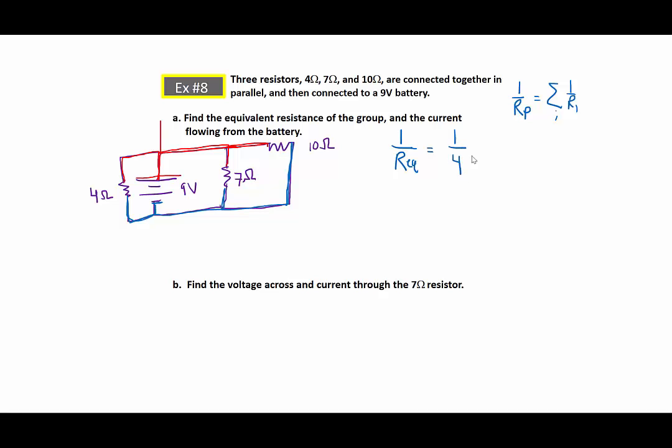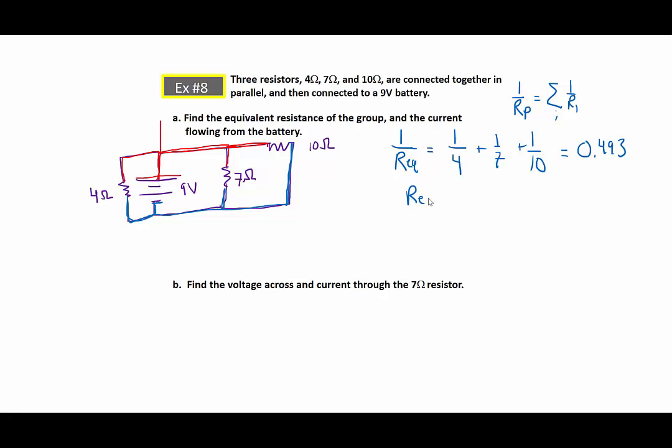So 1 over 4 plus 1 over 7 plus 1 over 10. They're all in parallel, so I can just add them together like shown. And when I do that, I'm going to get that the sum is equal to 0.493. But that's the reciprocal of the resistance.